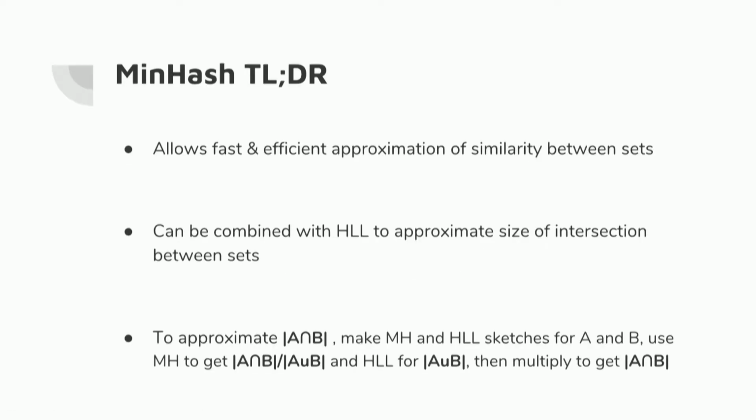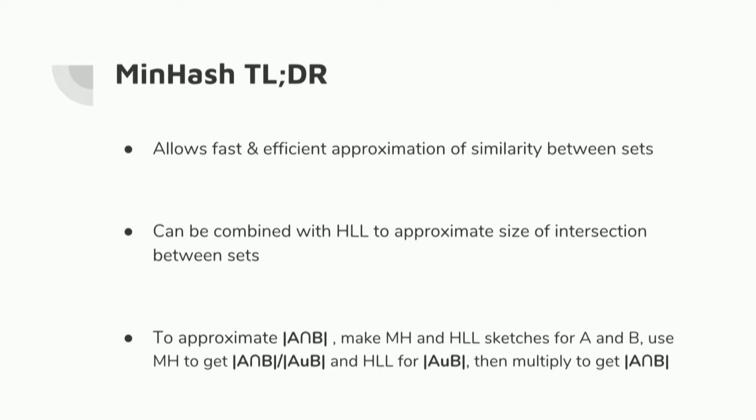So the TLDR on this MinHash thing is that it allows you to quickly and efficiently estimate the similarity between sets. It can be combined with HyperLogLog to approximate the size of the intersection. That was the denominator numerator trick that we did in the other slide, and it's basically written down over here.